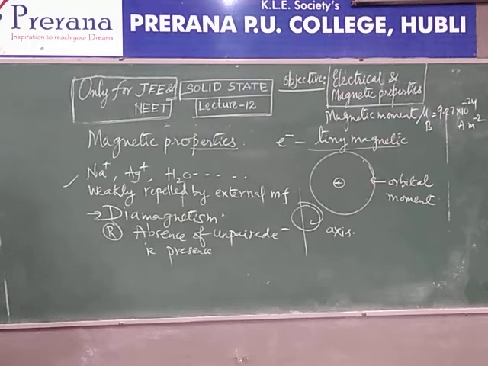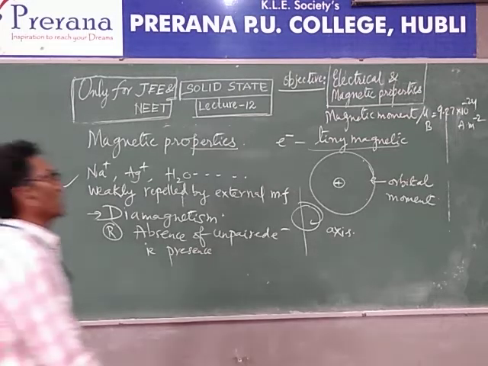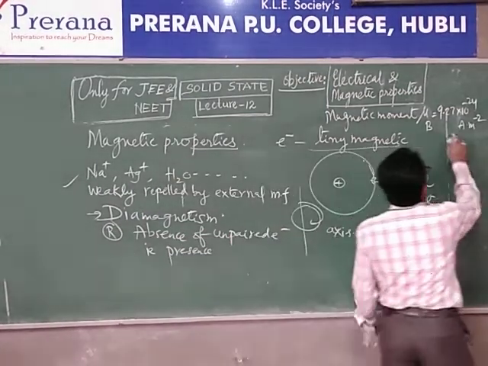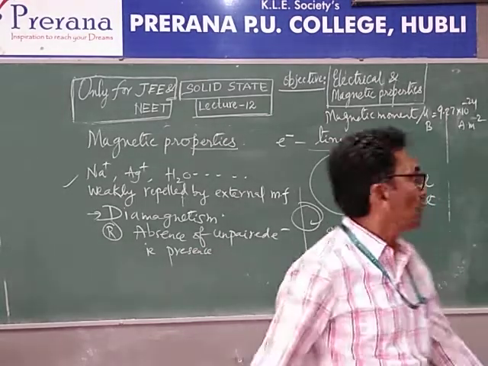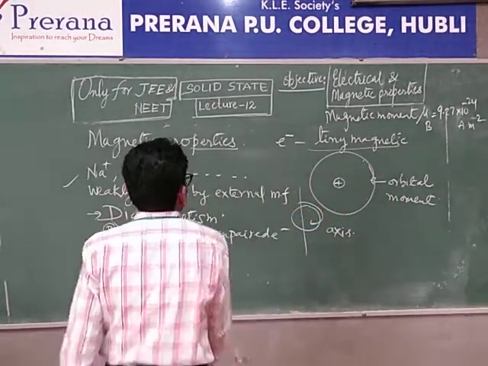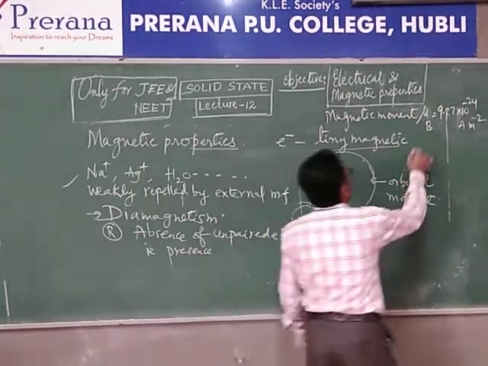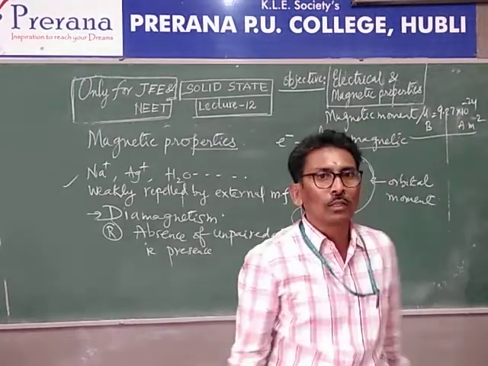Any mistake are you observing? Yes, the mistake is related to units. It is not ampere per meter cube, it is ampere meter square. That is sufficient. Okay, this is useful information from both points of view.